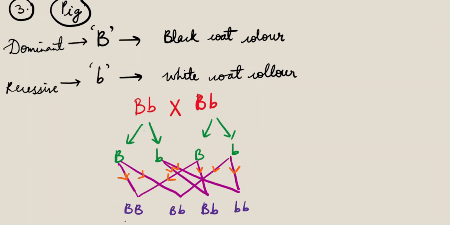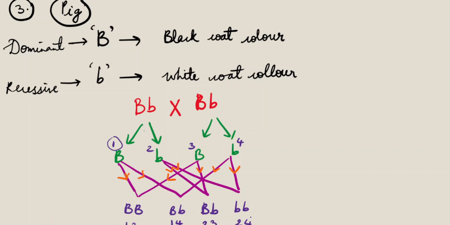I hope you understood how we got this. We got this by 1, 3, if you cross this way. If we number the gametes as 1, 2, 3, 4, then if 1 comes with 3, you get capital B, capital B. When it is 1 with 4, you get capital B, small b. When it is 2 with 3, you get capital B, small b.